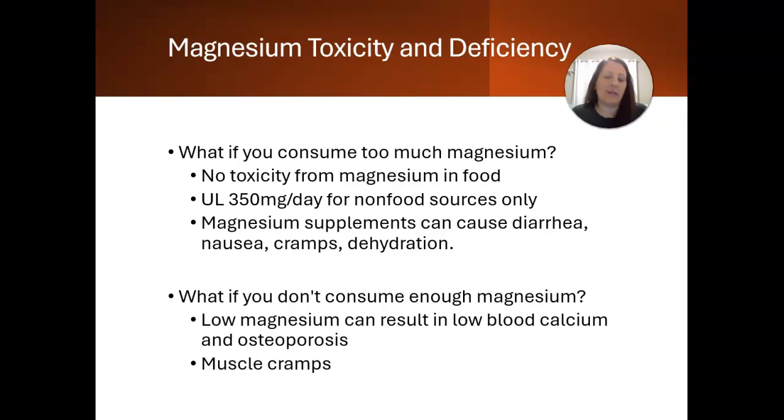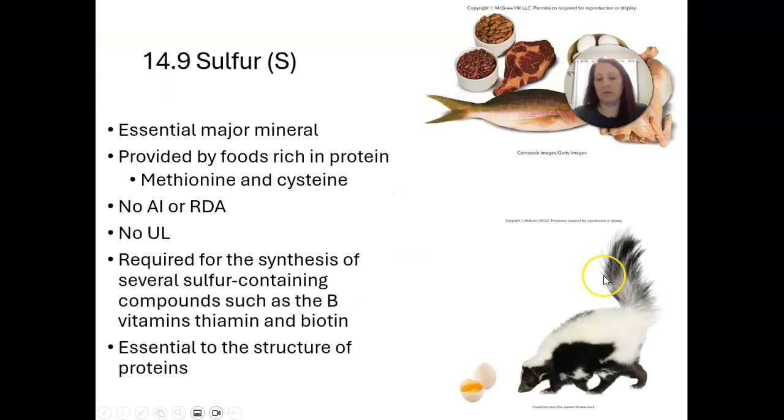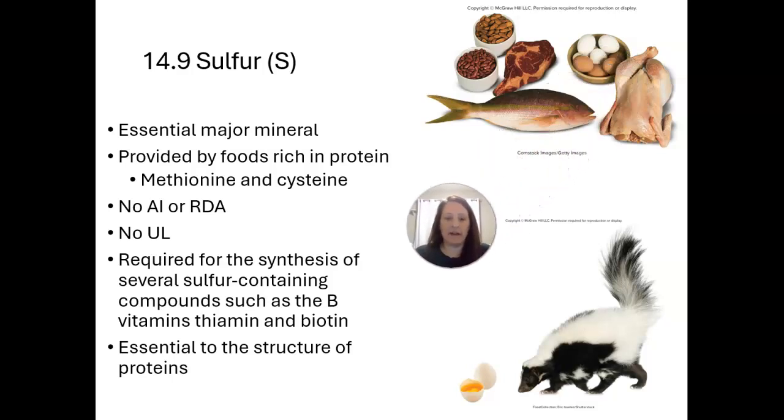Over supplementation of magnesium can cause diarrhea, nausea, cramps, and can lead to dehydration. If you don't consume enough magnesium, that can result in low blood calcium levels, and that can lead to osteoporosis. It can also lead to muscle cramps. Magnesium may have other effects in the body. Evidence is not there yet.